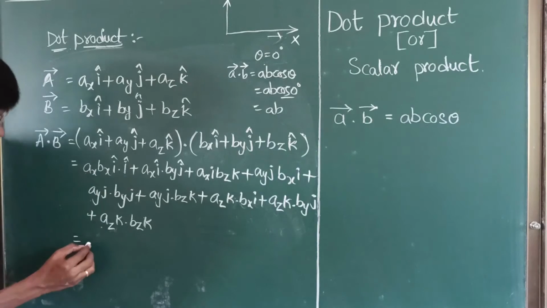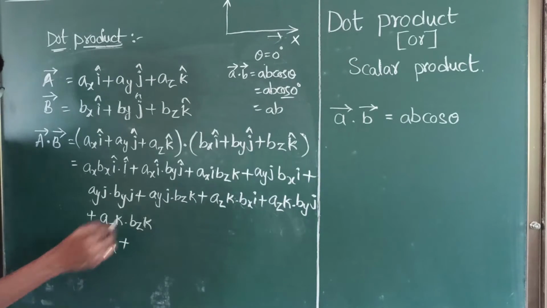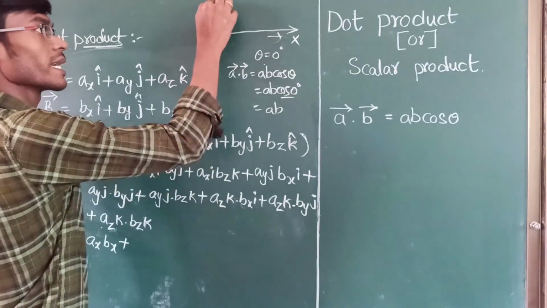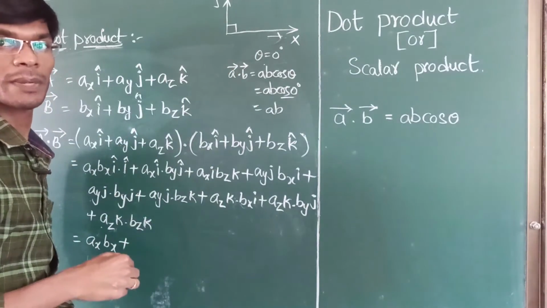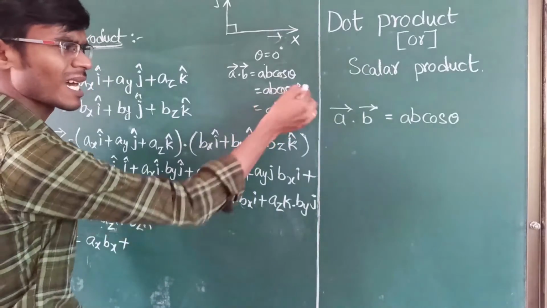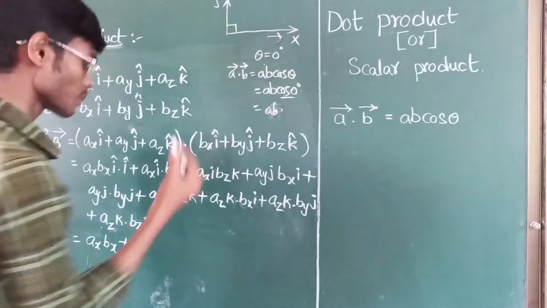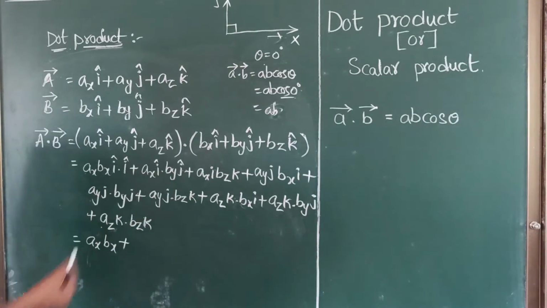Then Ax Bx plus, here, i and j. Here this is j, this is i, and how are i and j related? Perpendicular to each other. If we substitute 90 degrees here, cos 90 is 0, right? 0 into anything will be 0. So i dot j is equal to 0.